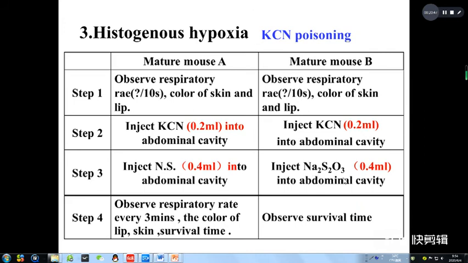Sodium sulfate can treat cyanide poisoning. So animal B first develops histotoxic hypoxia and then receives treatment. So the animal may survive, didn't die.